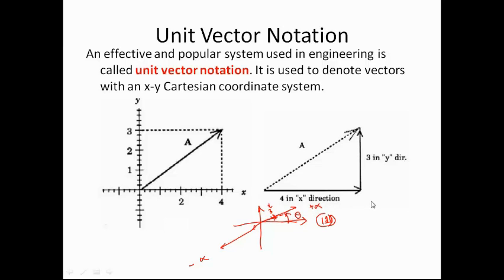If we multiply a unit vector by a magnitude, we either increase its magnitude, or if we multiply with a negative quantity, we reverse its direction. So a unit vector represents a vector having magnitude of unity.